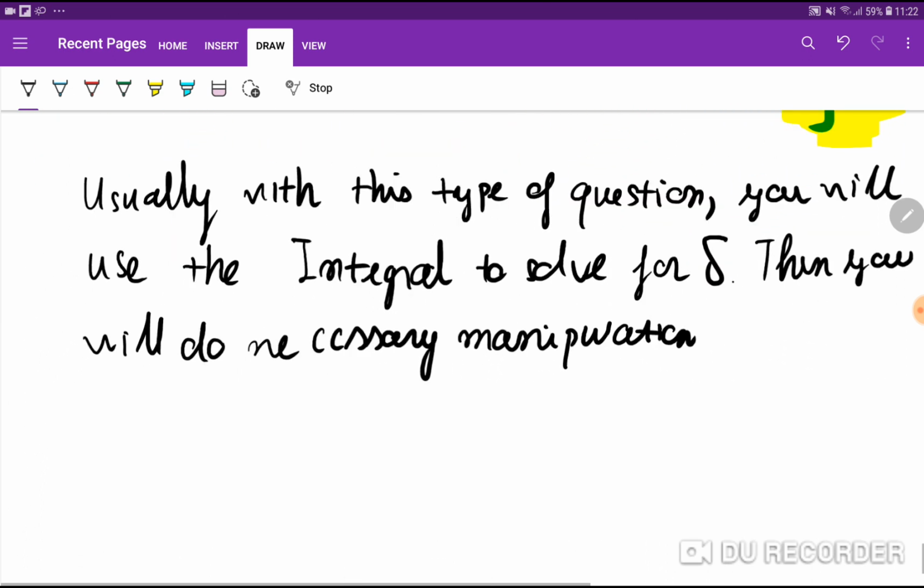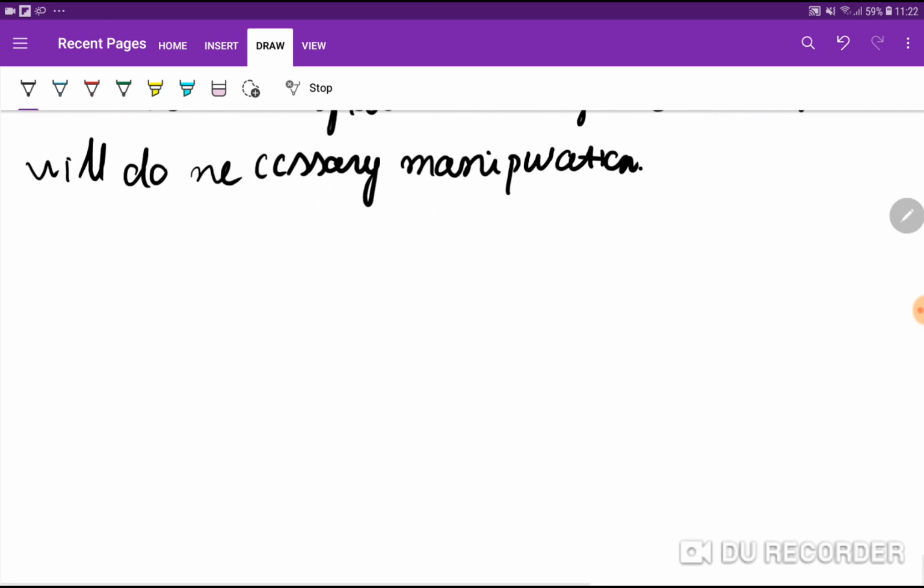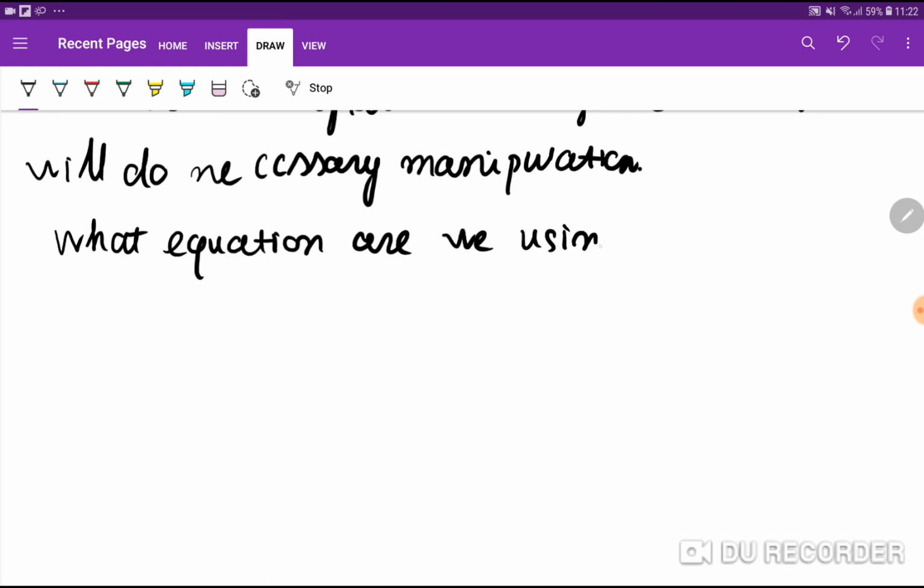So what equation are we using? The equation we're using is equation 8.4 we just derived. Let me rewrite that one for y'all.